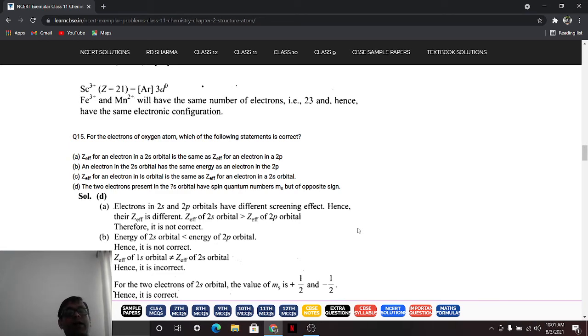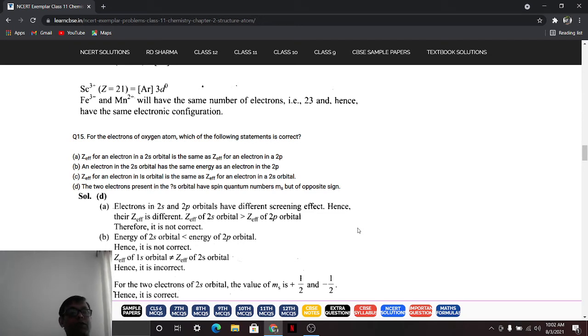Option D is correct: the two electrons present in the 2s orbital have spin quantum number ms of opposite sign. The electrons in 2s and 2p orbitals have different screening effects, hence their Z effective is different. Z effective for the 2s orbital is greater than for the 2p orbital, so option A is not correct.